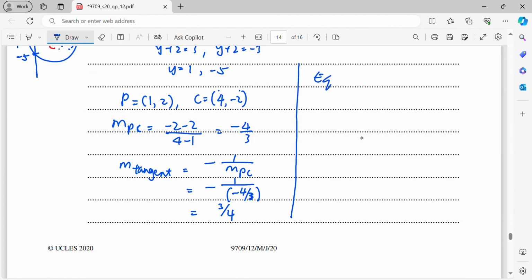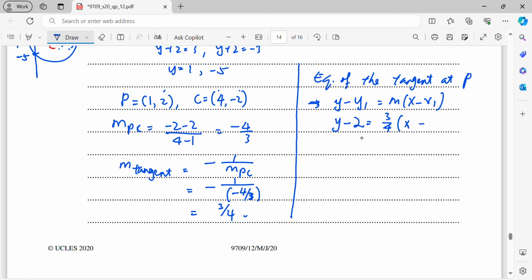So the equation of the tangent at P is y minus y1 equals m(x minus x1). So here it is y minus 2, the m is 3/4, x minus 1.